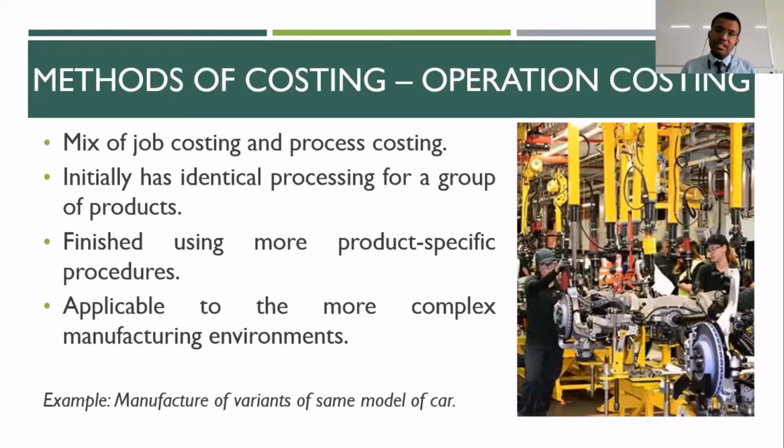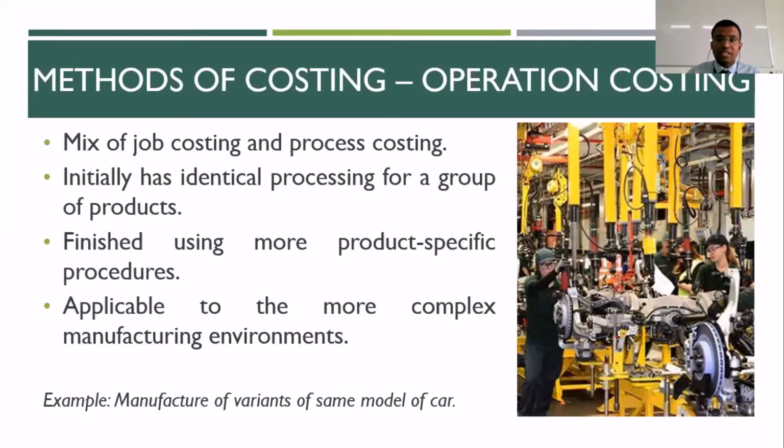But in Maruti Swift, you may have different variants: VXI, DXI, ZXI, LXI, etc. So the basic product is the same, but at some point of time, it is undergoing a differentiation. Because it is undergoing a differentiation, you have to use a combination of process costing as well as job costing. So this is what is meant by operation costing.